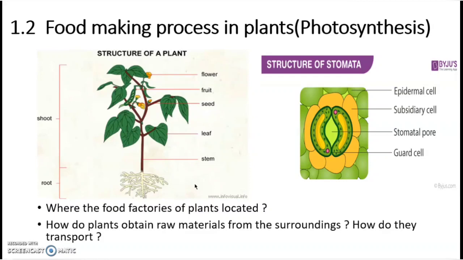Where does your mother make food? Of course, we know that it is in the kitchen. Same like that, in plants also there is a kitchen. They are leaves. So leaves are known as food factories of plants.